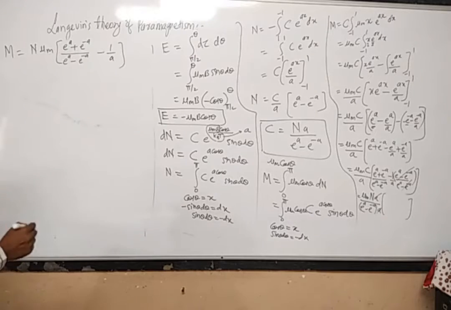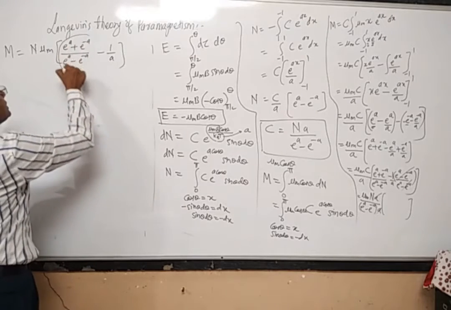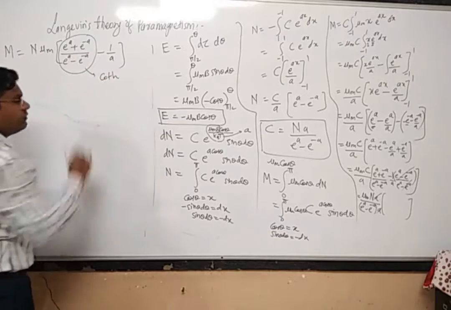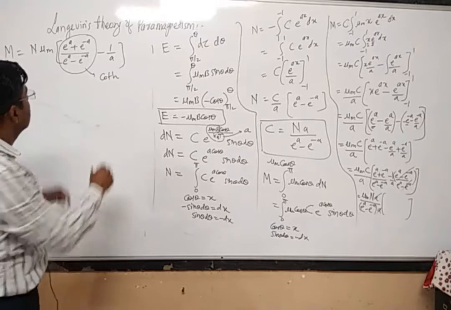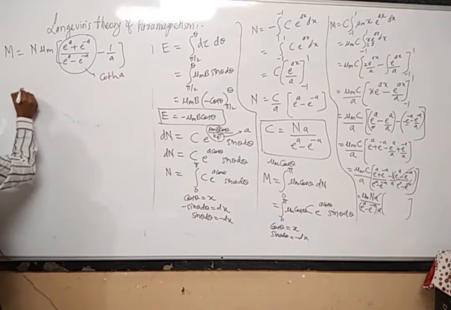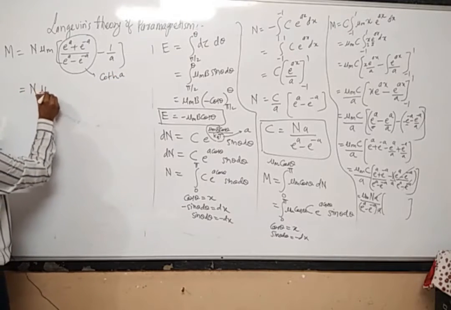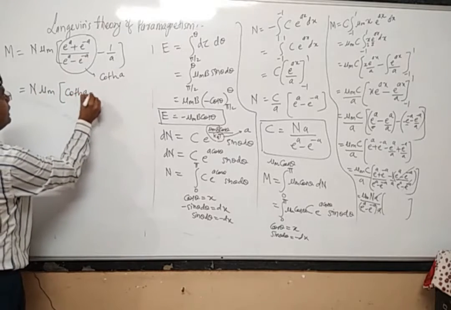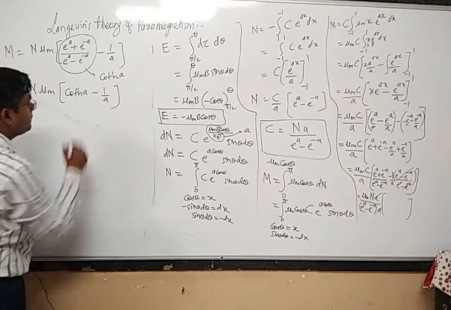Now what is this? This is nothing but the coth function, and the variable is a, coth a. So it is nothing but n into μm, coth a minus 1 by a.